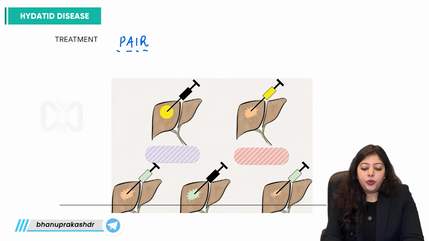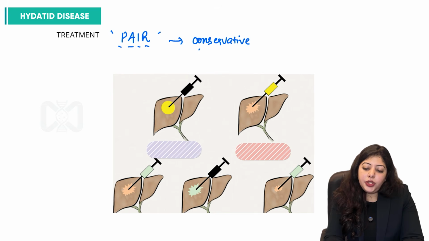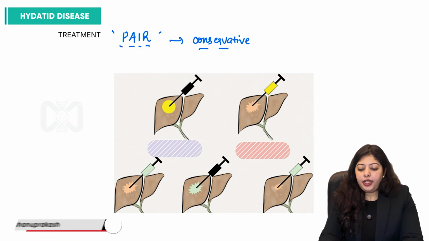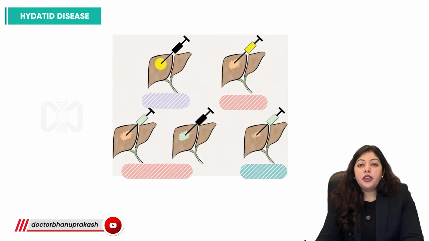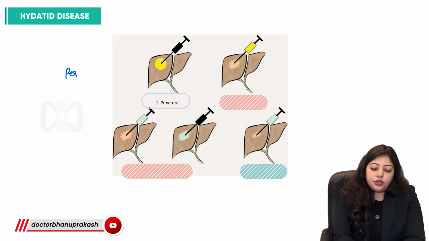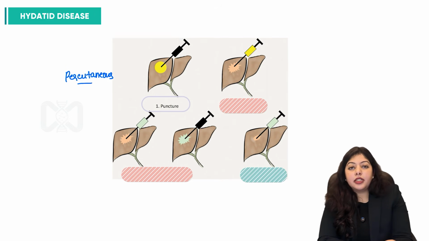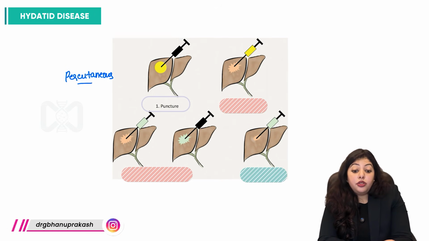So what do we do in this conservative management? This is the conservative management. And what are we exactly doing in this particular technique? Firstly, we are going to percutaneously puncture the cyst. And you must also know that there are certain conditions where this PAIR technique is contraindicated.